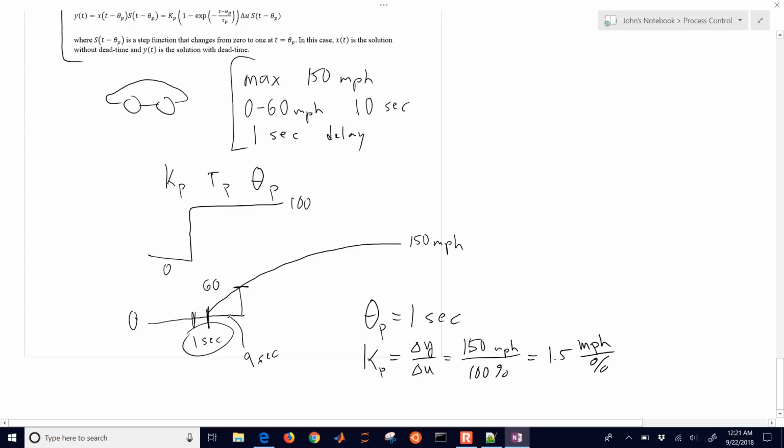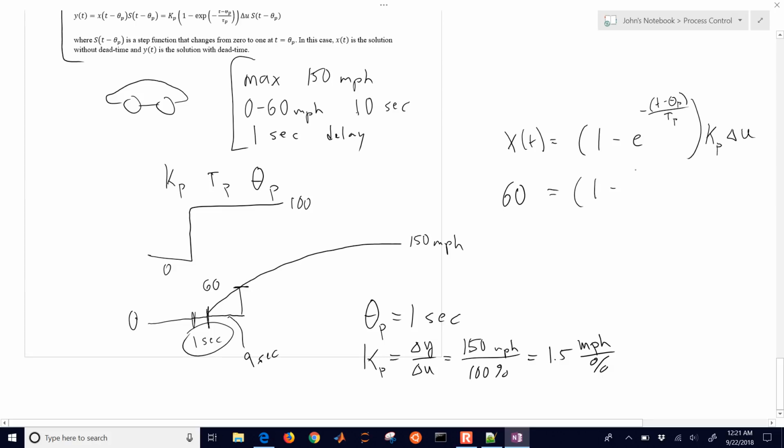We're going to use this formula that we had where x of t equals, for a step response, 1 minus e to the minus (t minus theta p) over tau p, times Kp delta u. So we're at 60 miles an hour.